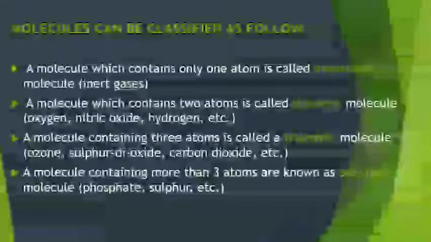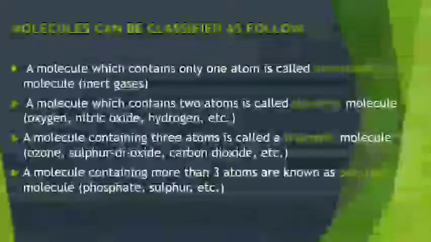If the molecule contains only one atom, then it is said to be a monoatomic molecule. Mostly inert gases in the periodic table are monoatomic. When the molecule contains two atoms, for example, the oxygen example which we saw earlier, right?